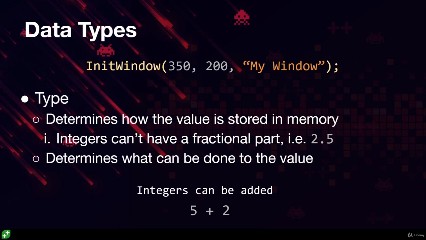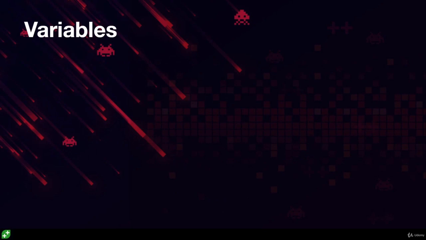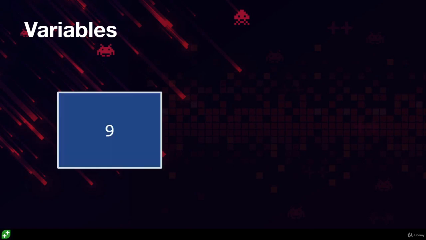Now, I just mentioned that a value can be stored in memory. This brings us to the subject of variables. Let's say that we love cookies so much that we'd like to keep track of the number of cookies we have. Now, we eat our cookies whole, so to us, there's no such thing as a fraction of a cookie. So say we've got 9 cookies. Well, we can store this value by creating what's called a variable.